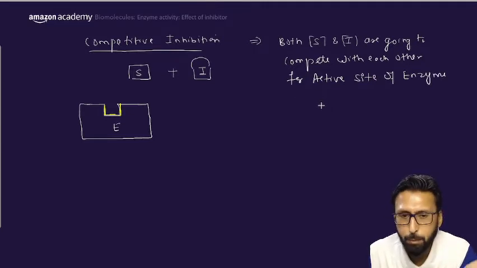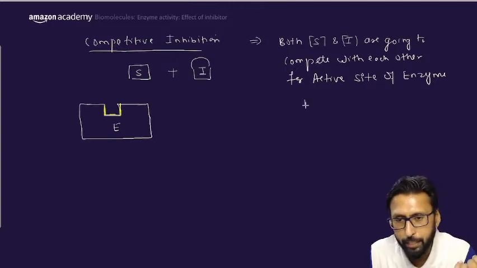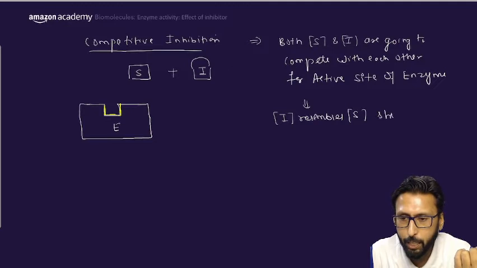Now why is it possible? Because the inhibitor resembles the substrate structurally and can also bind with the active site of the enzyme.